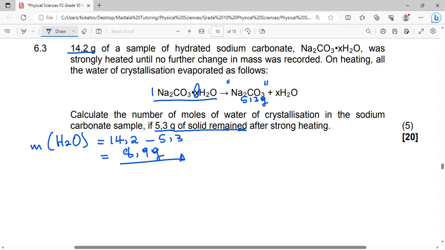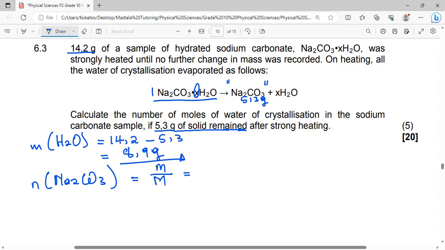So now that we have the mass of water, we need to calculate the number of moles of sodium carbonate and water, like that. So let's start with the number of moles of sodium carbonate. Yes, it's the same sodium carbonate we were busy with. So the number of moles will just be the mass divided by the molar mass.